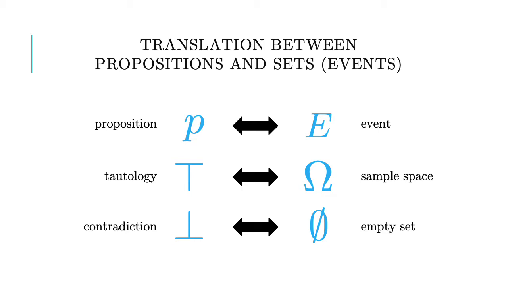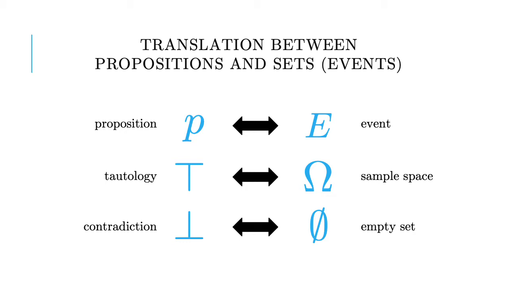In particular, we'll want to know that a proposition, like the coin came up heads, is going to be equivalent to the event that the coin came up heads, and that a tautology, think P or not P, is equivalent to the sample space, where the sample space is any event occurring, the event that P occurs or the event that not P occurs.